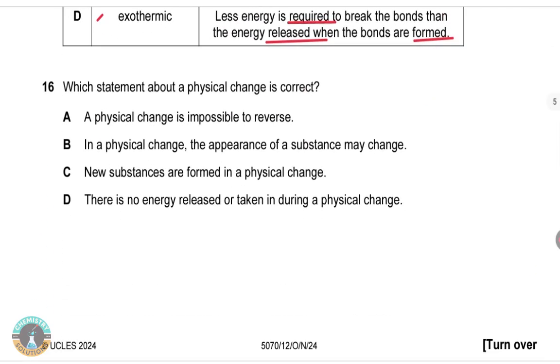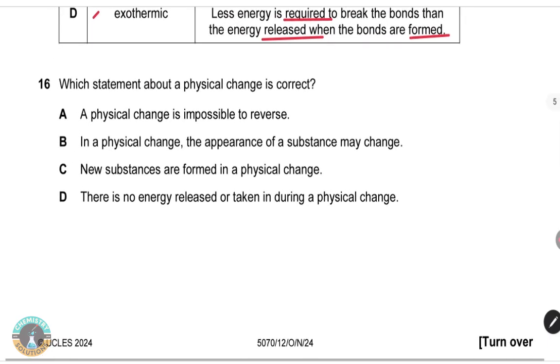Which statement about a physical change is correct? A physical change is impossible to reverse. In a physical change, the appearance of a substance may change. Yes, a physical change may cause this. This option is correct.